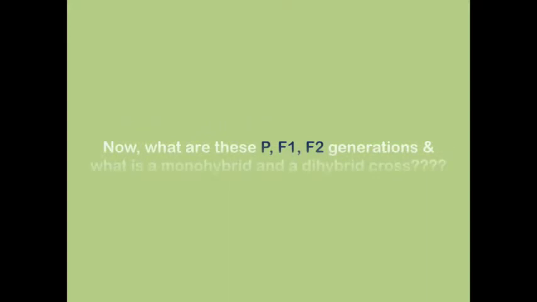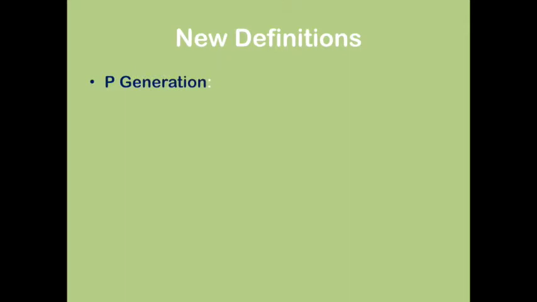Now, what are this P, F1 and F2 generation? And what is a monohybrid and a dihybrid cross? So let's go into detail on this. Let me define these new generations for you. Coming to the definition section, the P generation is nothing but the parent generation.